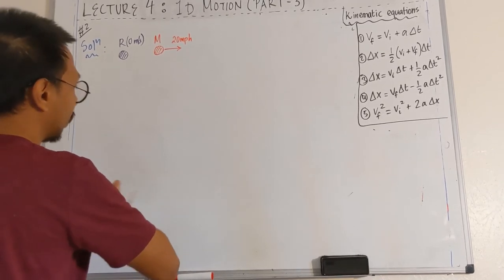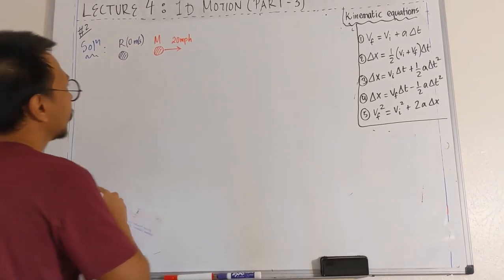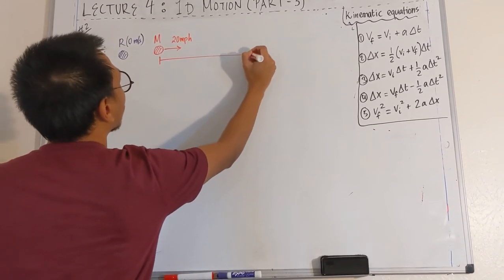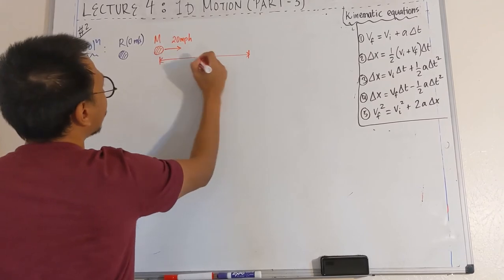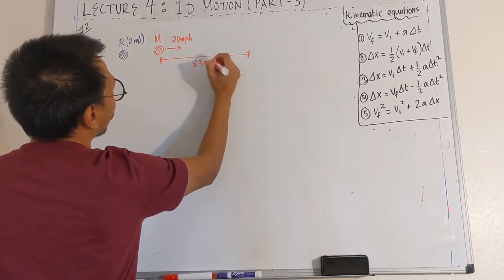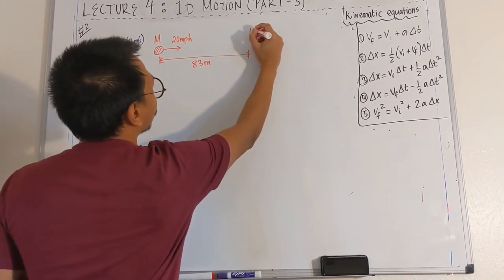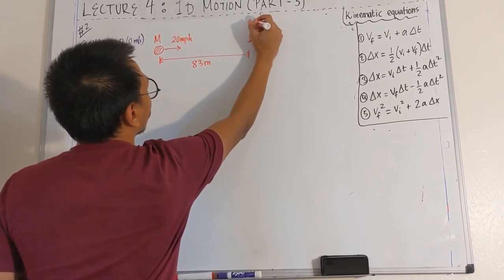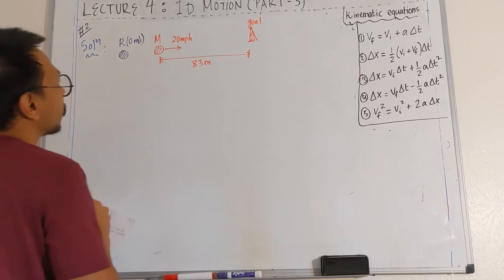Okay. Messi was 83 meters away from the Portuguese goal. This is the goal. Okay.